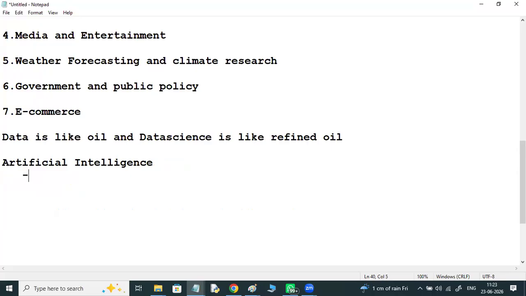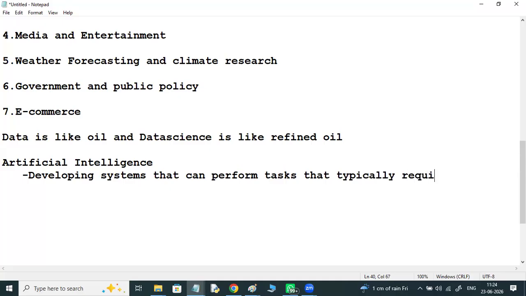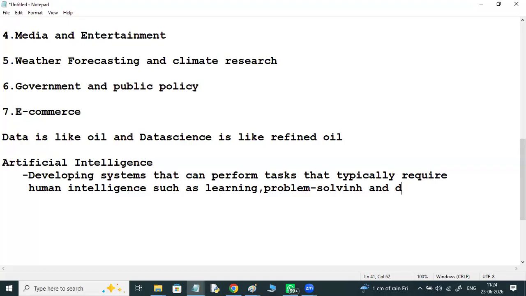So here we are developing systems that can perform tasks that typically require human intelligence, such as learning, problem solving, and decision making.